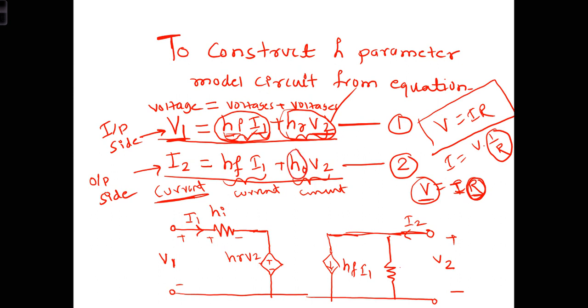So we can write here H0, which is nothing but the admittance, the inverse of the impedance. We are writing it in mhos. So your value will be V2 into H0. These two currents are there, the first current and the second current. Like this we are constructing the H parameter model.